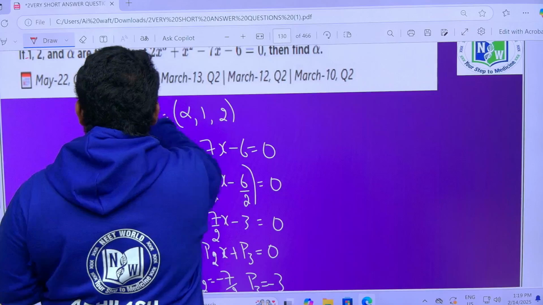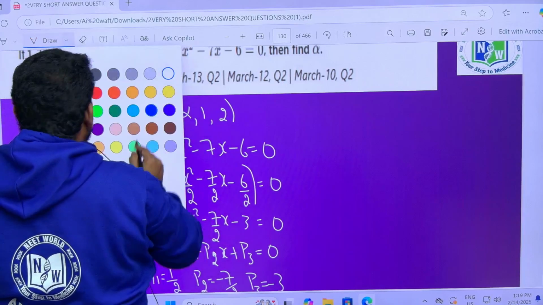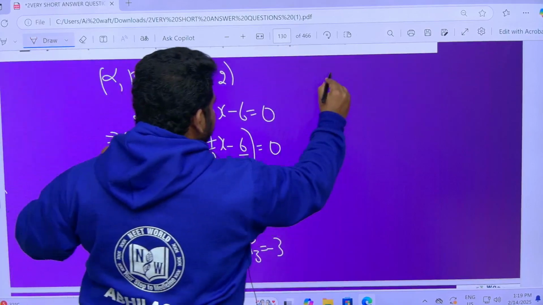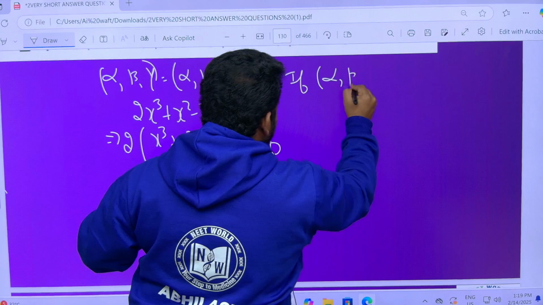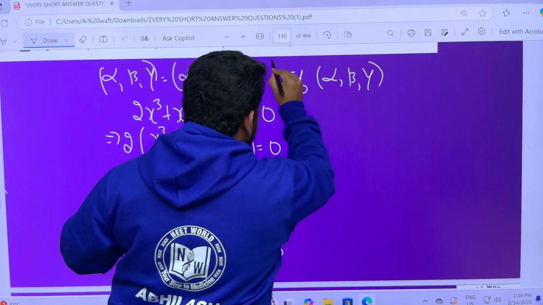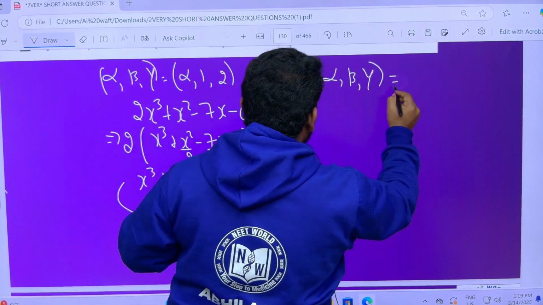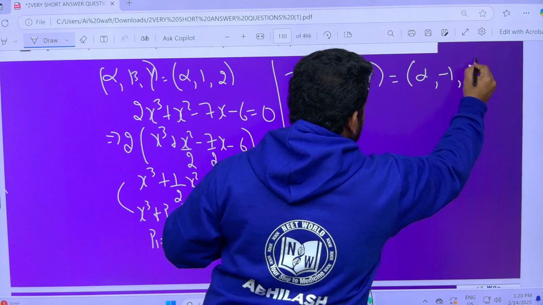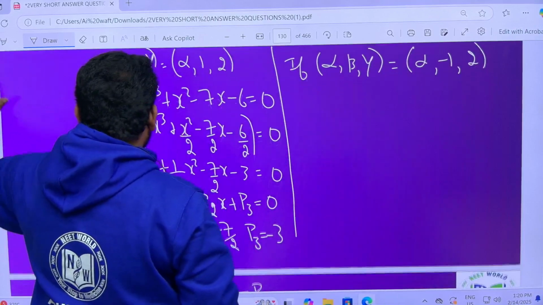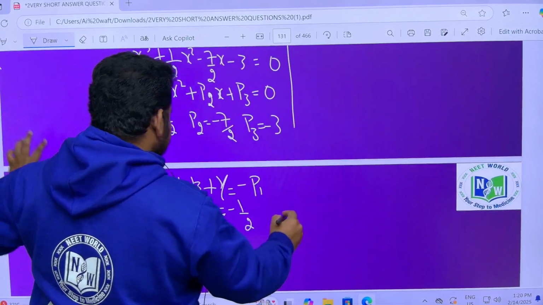So if given roots are alpha, beta, gamma, is another way. That is, if the question is changed like alpha, minus 1, 2, what will happen? Nothing changes. Here only the calculation changes.